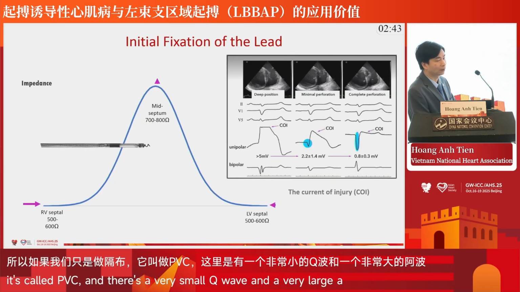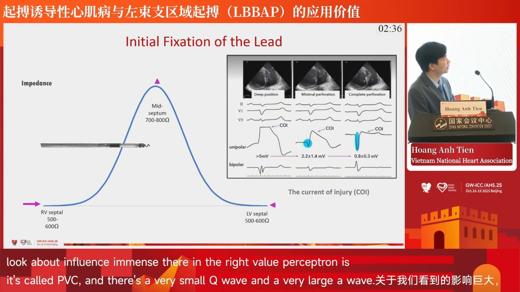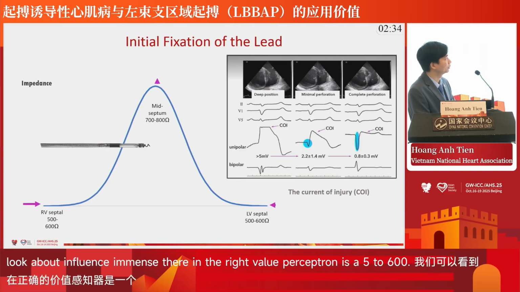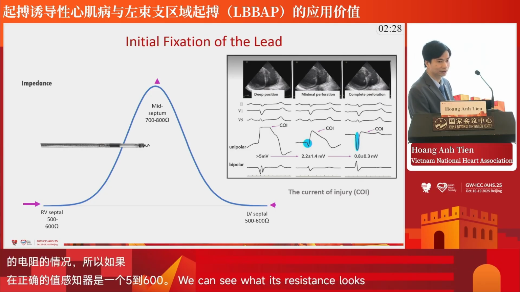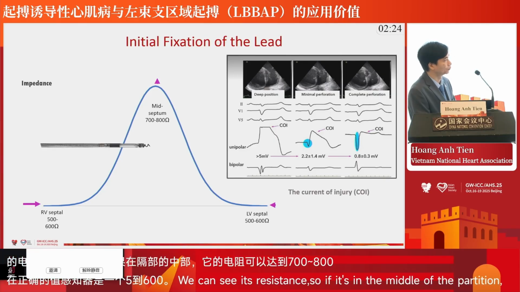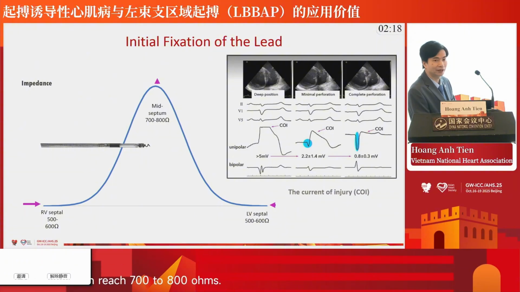And we look at the impedance. The impedance in the right ventricular septum is 500 to 600, and in the mid septum it increases to about 700 to 800 ohms. And when there is perforation, it can drop down to 600 ohms. Or we can see the current of injury. The ideal current of injury is about 5 millivolts.